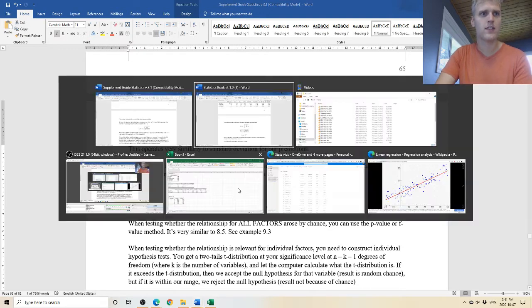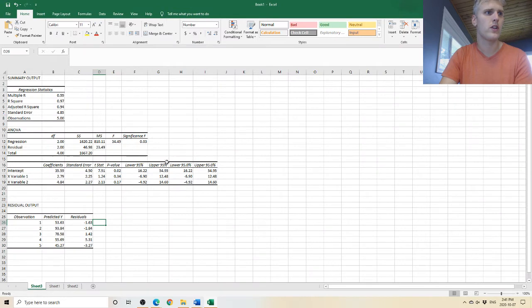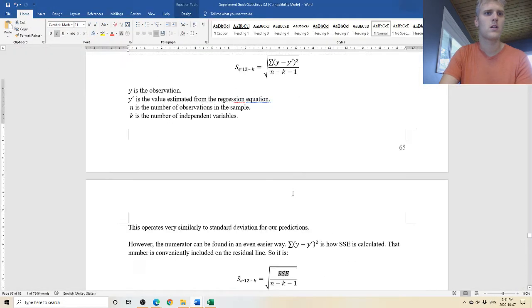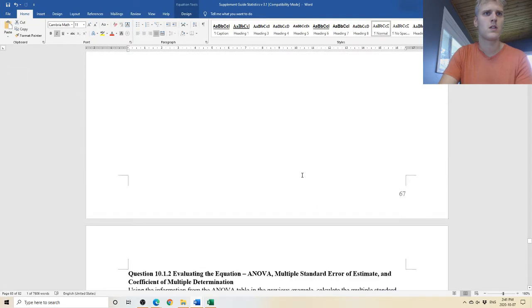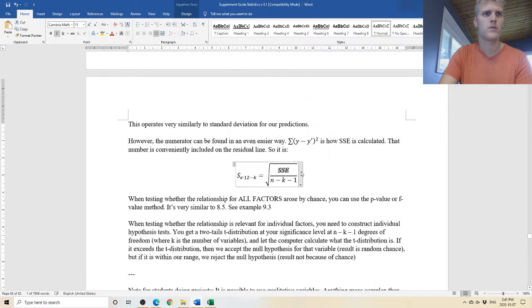So we've got that included right here. So we had our sum of squares error here, and if you remember when we did our ANOVA table, that was the second number here. So we can use this number. Copy this.